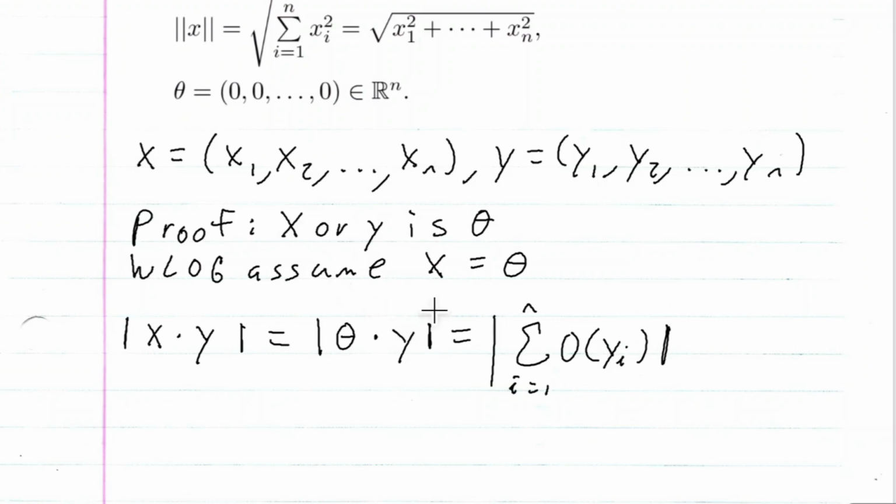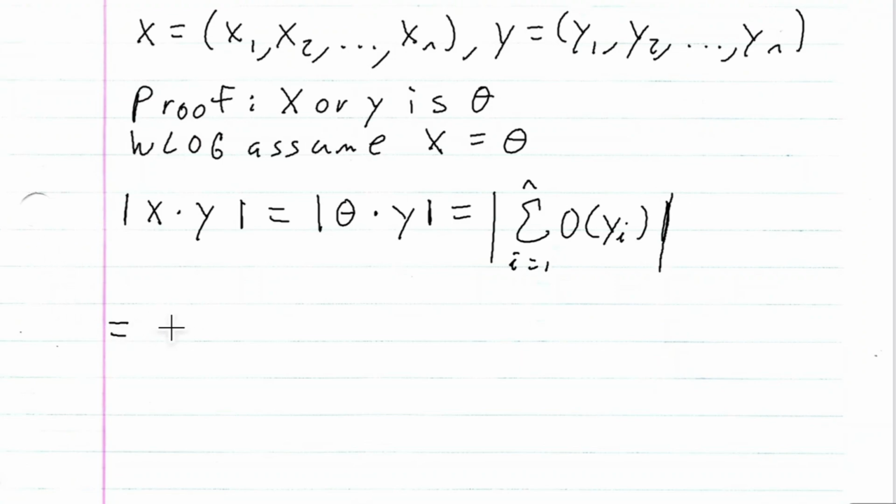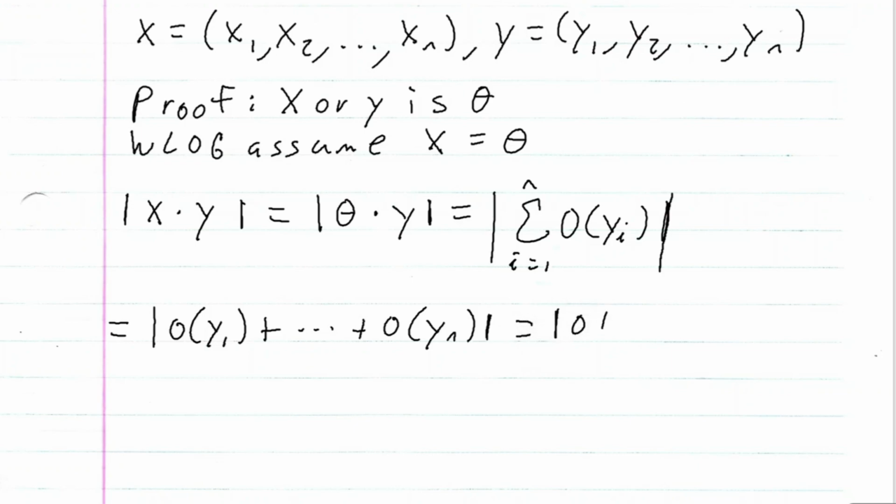We can rewrite this as 0 times y sub 1 plus dot dot dot plus 0 times y sub n. And this is just the absolute value of 0, which is 0.